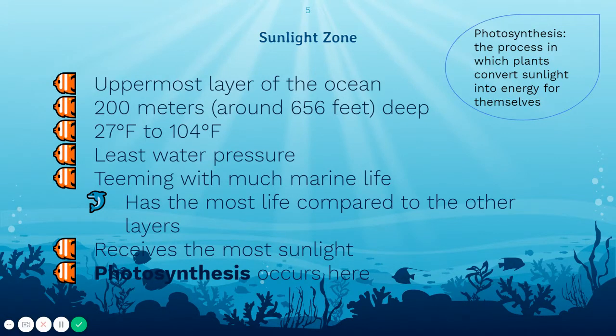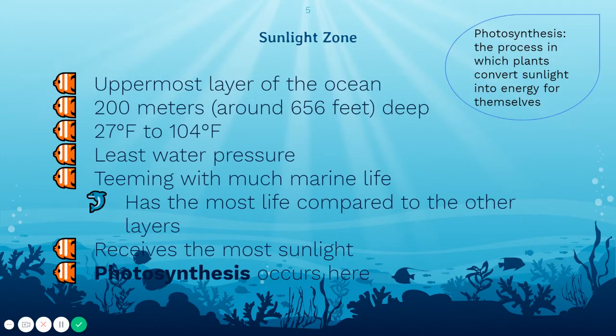And this zone has the most marine life. Compared to all the other layers, it actually contains 90% of all of the ocean's life. And this zone receives the most sunlight, which is why it's informally known as the sunlight zone. And since it receives the most sunlight, photosynthesis occurs here.